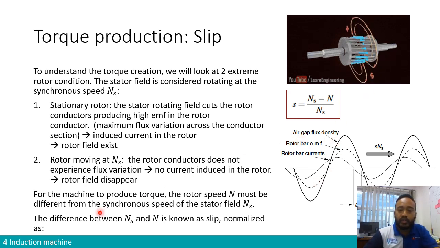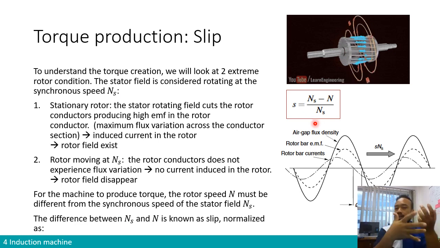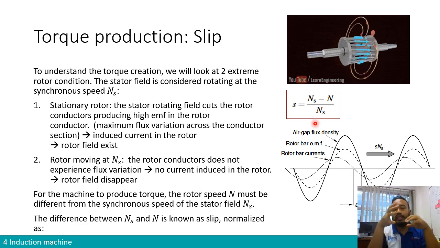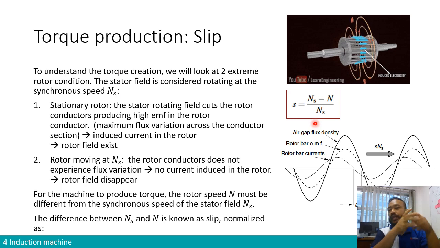So for the machine to operate and produce torque, the rotor speed, which we're going to call n, must be different from the synchronous speed of the stator field, ns. So the rotor speed needs to be different from the synchronous speed in order to create that variation of flux inside the conductor.